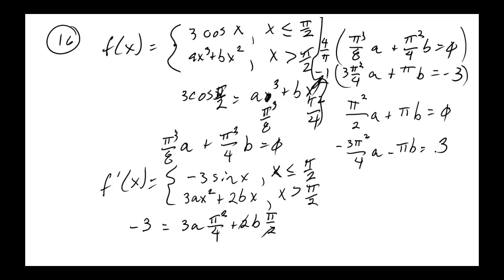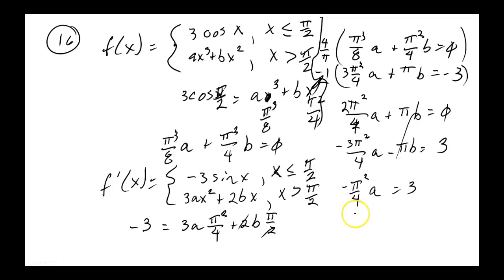And then your b's go out. So this will be minus pi cubed over 4 ... pi squared over 4 a is equal to 3.